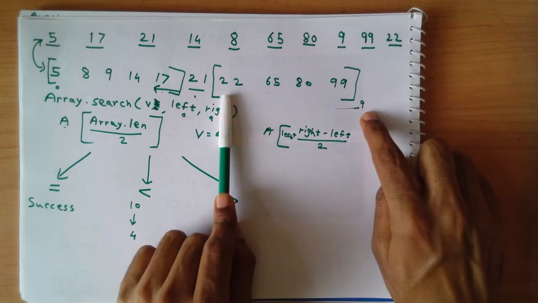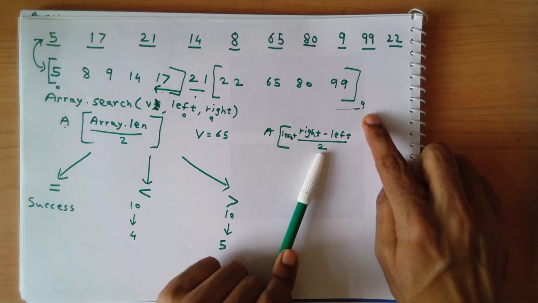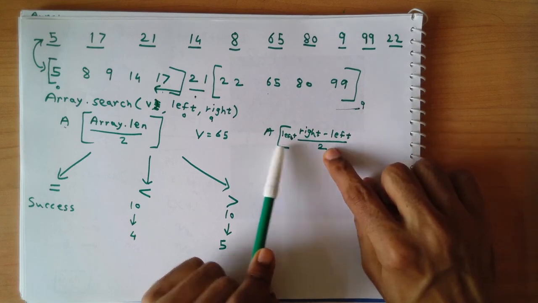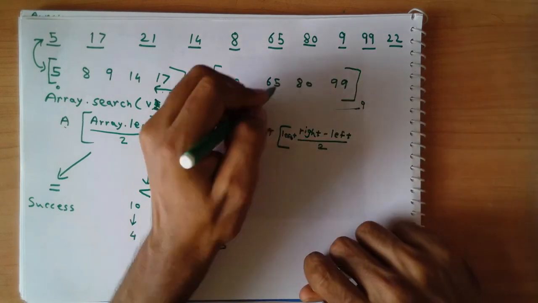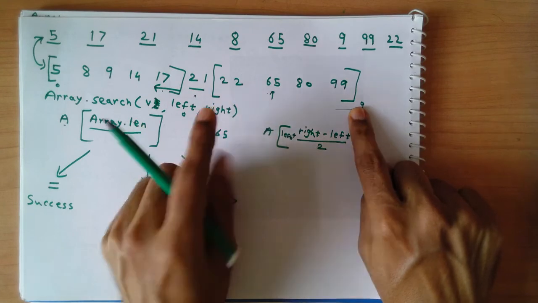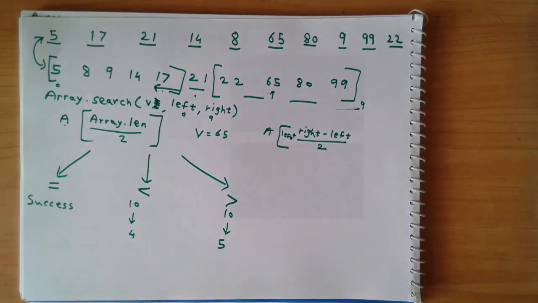So 9 minus 6 gives me 3, divided by 2 is 1, and to that I am going to add 6, so I'll have it pointing to 7. So I'm going to divide this particular array into two parts, one to the left of this and one to the right of this. Okay, so that's the right way to partition my search space.